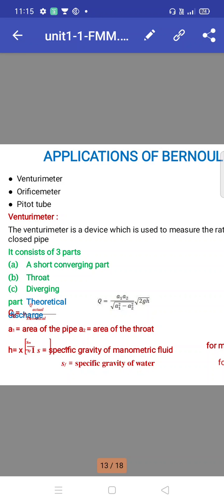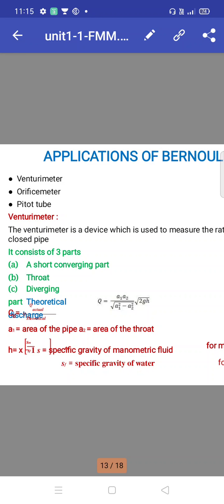The venturimeter is utilized to analyze the rate of flow, the orifice meter is utilized for the rate of flow, and the pitot tube is also utilized to analyze the rate of flow. That's why we frequently use Bernoulli's equations. That should be ensured.